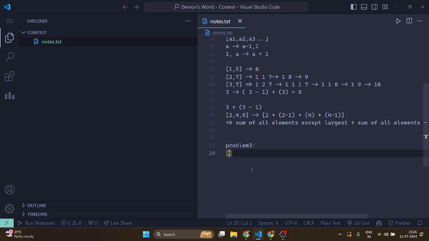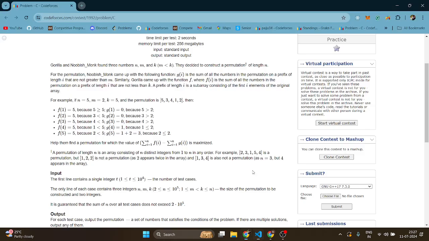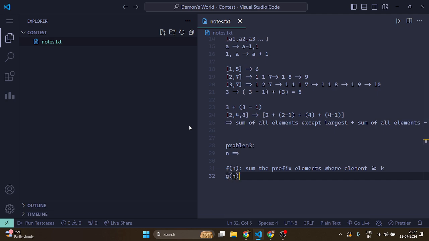You have to find a permutation for a given number such that, let f of n represent the sum of the prefix elements where the element is greater than or equal to k, and g of n denotes the sum of the prefix elements where the element is less than or equal to m, and you want to maximize the summation of f minus the summation of g.